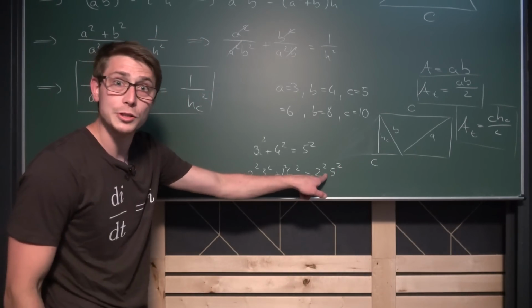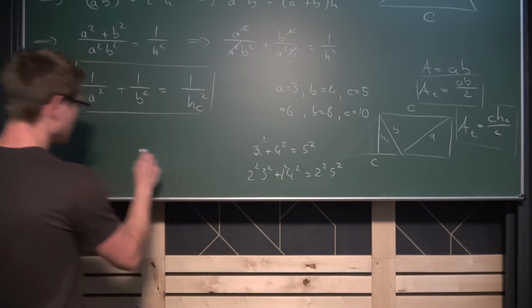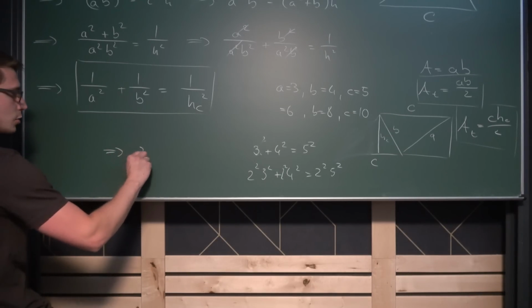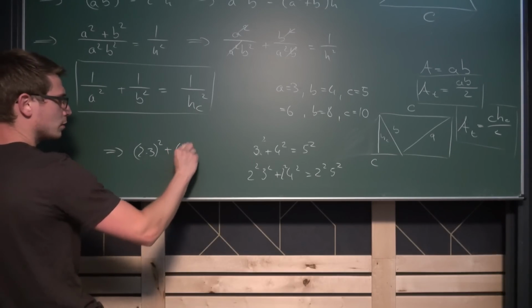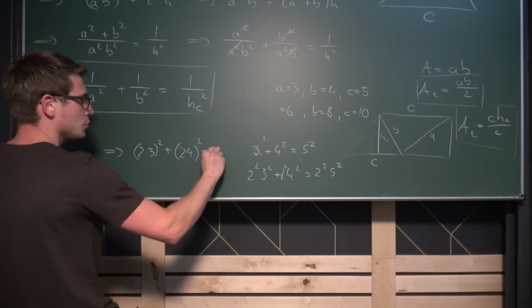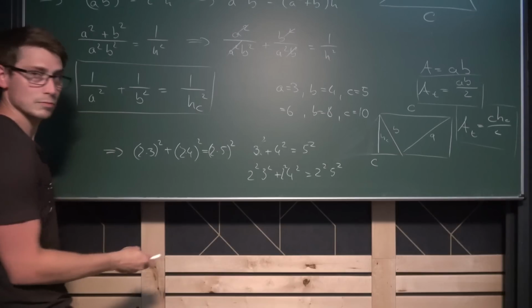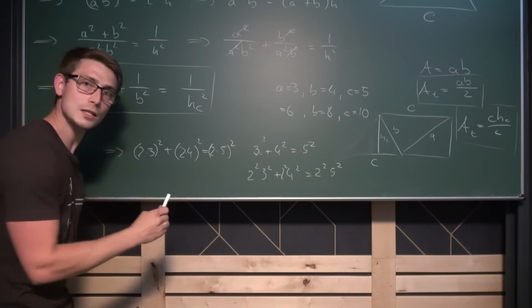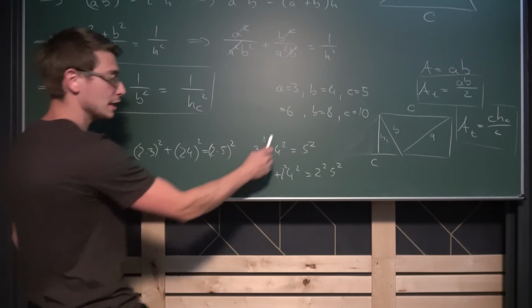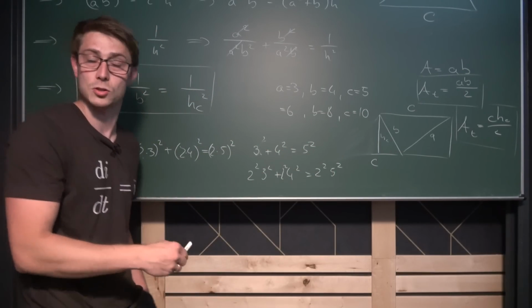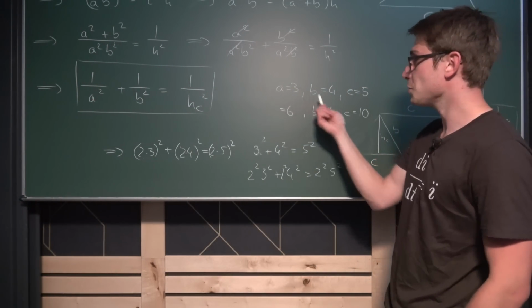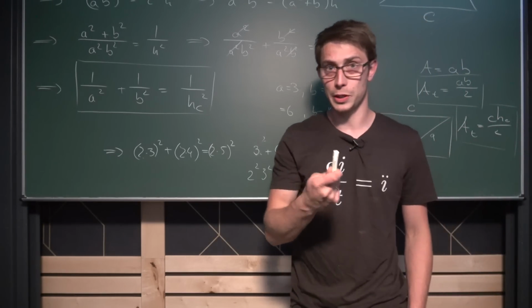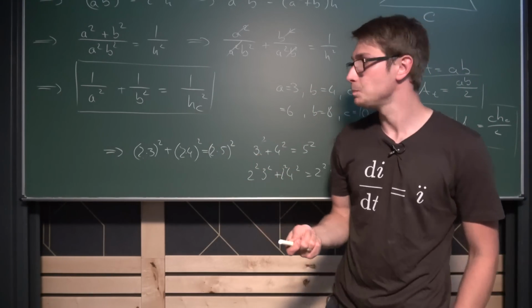Factoring out the squares on all of those results in (2 times 3) squared plus (2 times 4) squared is equal to (2 times 5) squared. And you see, this right here is indeed a new Pythagorean triple, giving us 6, 8, 10 in the process, and so on and so forth. So you can generate infinitely many Pythagorean triples from one given.